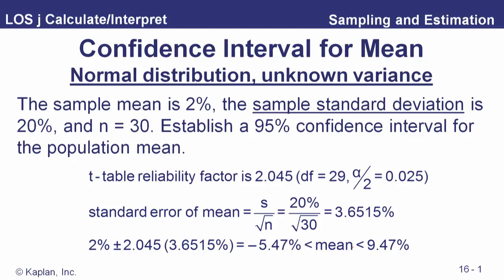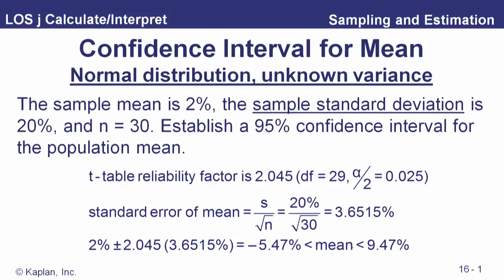Okay. We've got sample standard deviation. We don't know the true standard deviation or variance of the population. So that falls into one of our boxes, the t-distribution with a little star by it. So let's do this with a t-distribution. Our t reliability factor, now you can see this from the t-table in the back of the Schweser Notes book for quants.